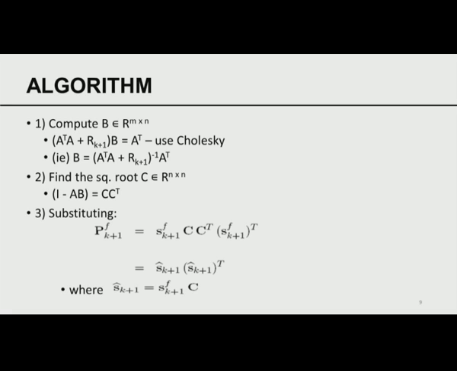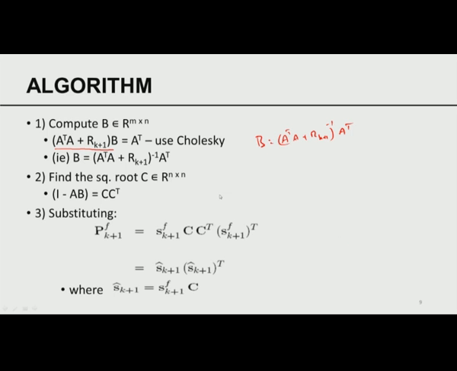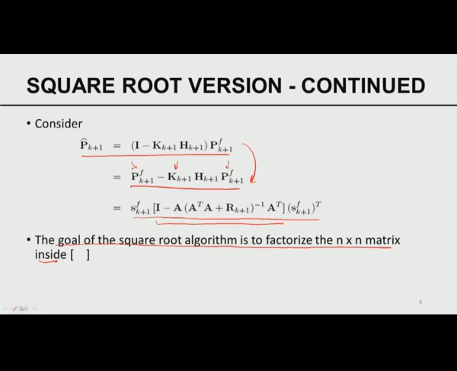First compute B as a solution of A transpose A plus RK plus 1. Please understand, the B will then give us A transpose A plus RK plus 1 inverse A transpose. If you go back to the previous step, that is the expression which is one of the parts of the equation that I already have.